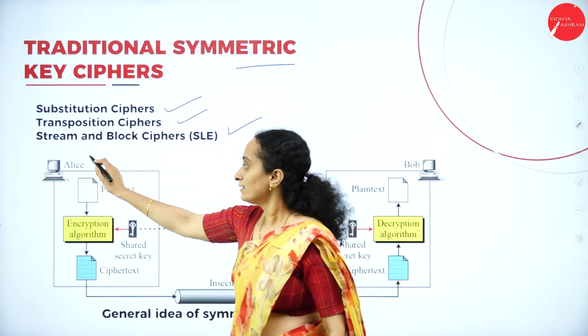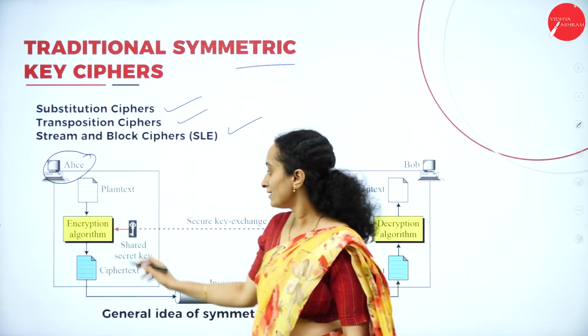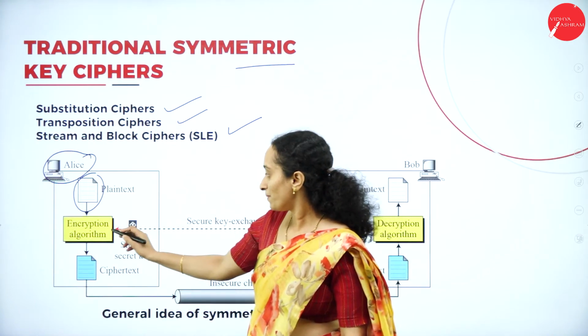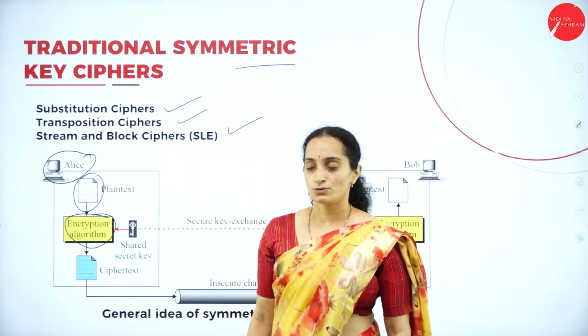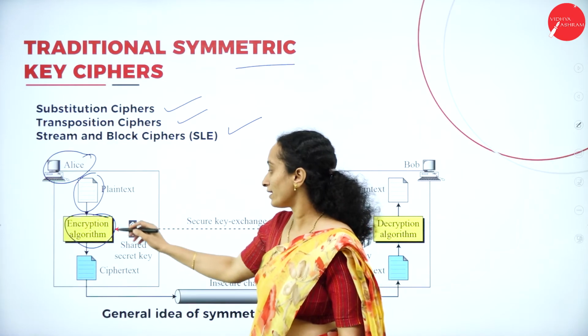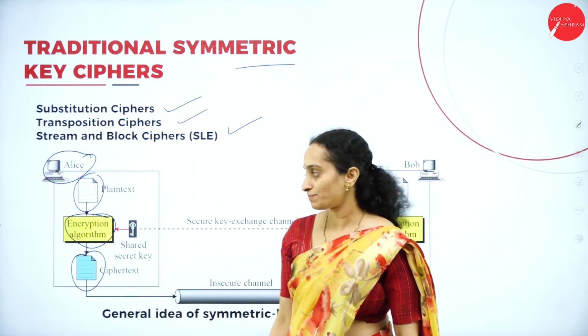Here we have the sender Alice. Here is the plain text. Alice will use the encryption algorithm to transform it to ciphertext.